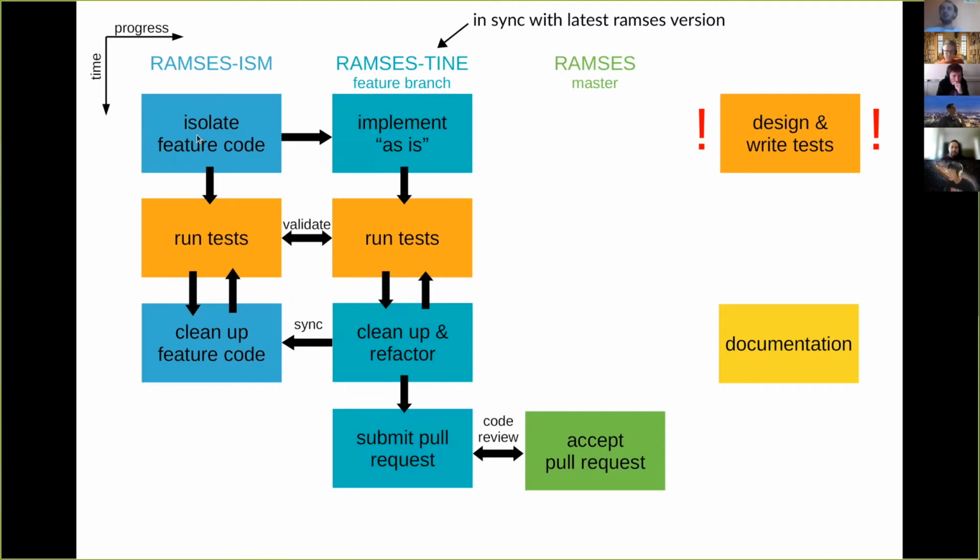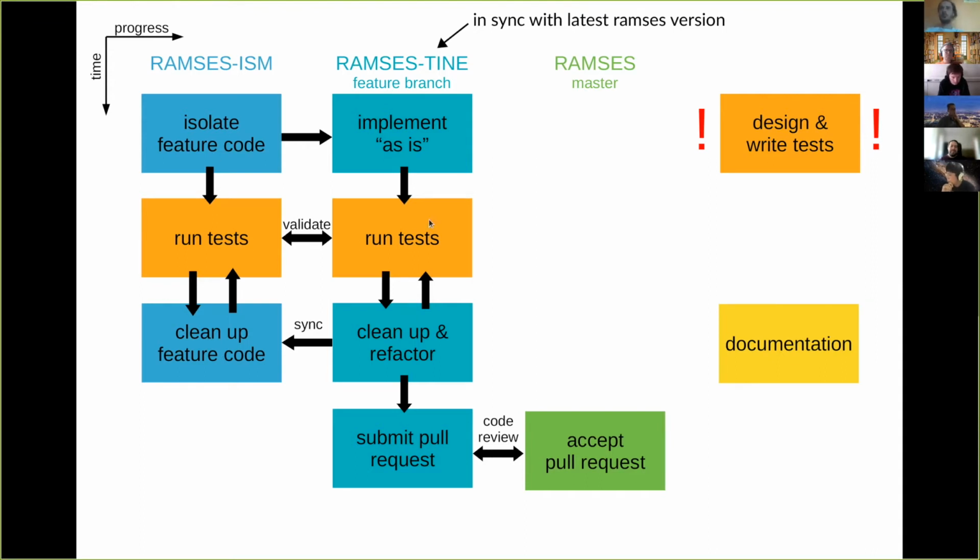First we isolate the feature code, implement it as it is, and then write some new tests if they are not already available in Ramses ISM. These tests are very important because we want to run them on both versions of the code and make sure they give exactly the same results. So we can make sure our implementation in the other version of Ramses is working fine.